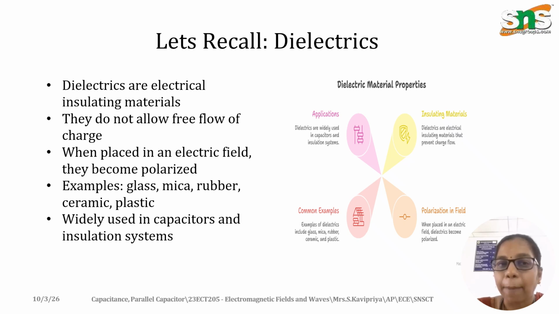Examples of dielectric materials are glass, mica, rubber, ceramic, etc. It is widely used in capacitance and insulating systems for storing the charges.